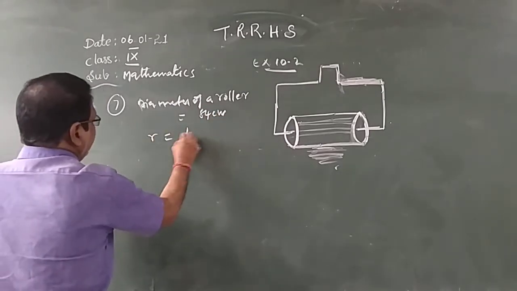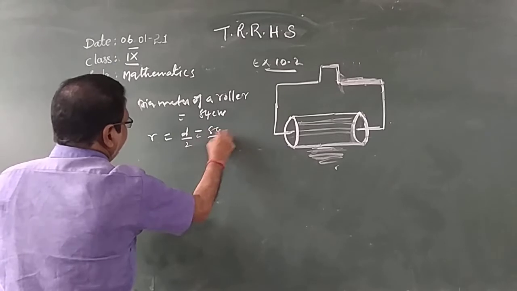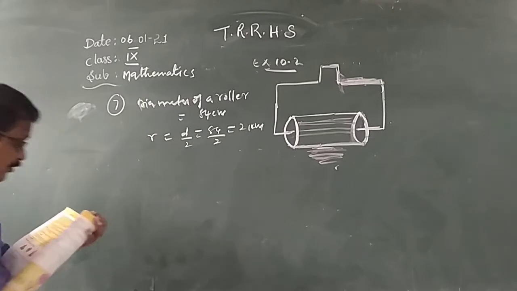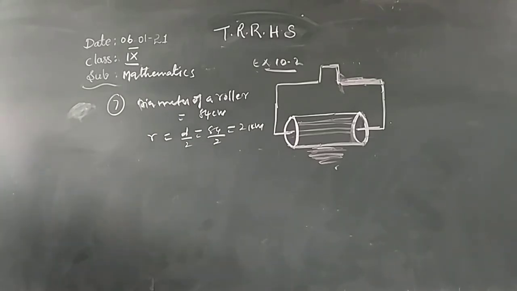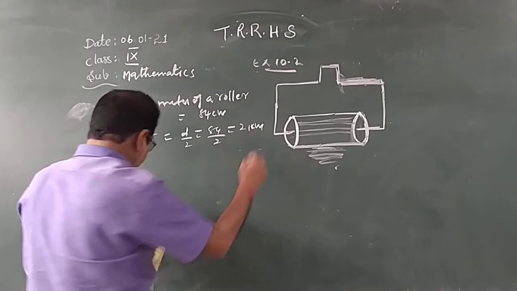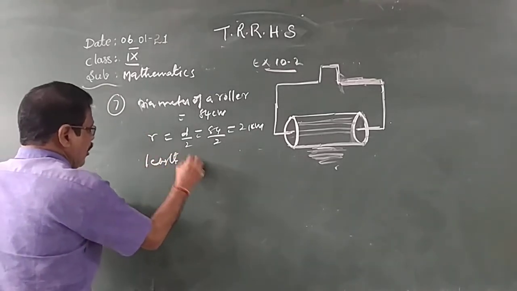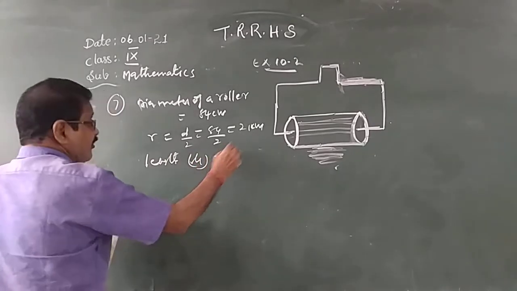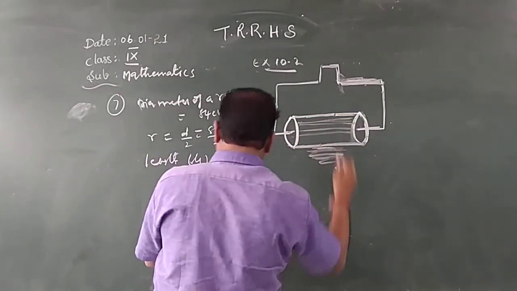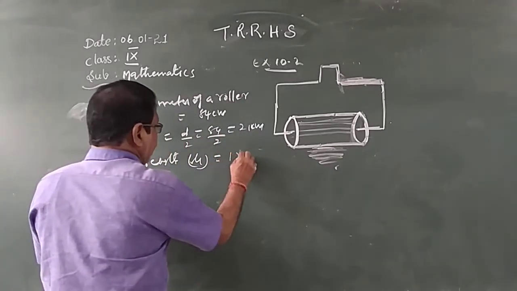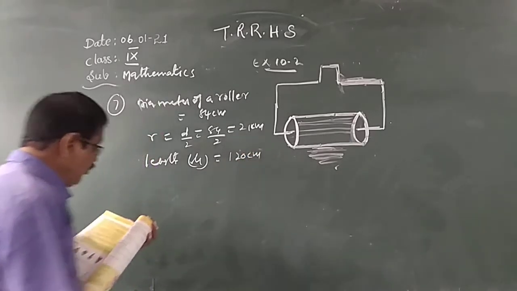R is equal to D by 2, 84 by 2, that is equal to 42 centimeters. The length means height. What is the length of this? It is 120 centimeters.